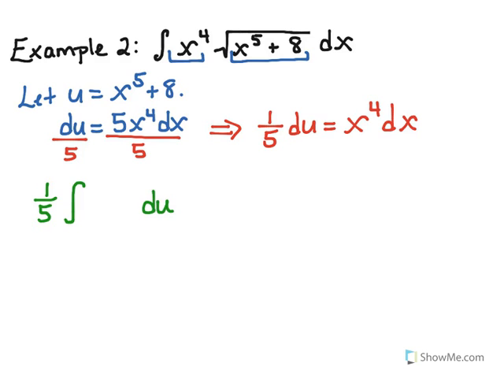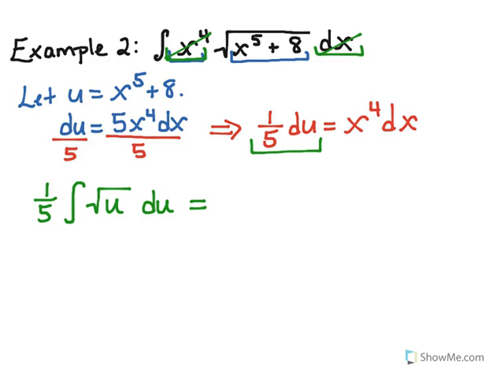And I'm leaving a blank spot because I need to figure out what's left. But the 1/5 du takes the place of the x to the 4th and the dx. So those two pieces are now gone. All I'm left with is a square root and x to the 5th plus 8. So I'm going to have a square root, and instead of writing x to the 5th plus 8, I'm going to write u, because that's what I chose my u to be.